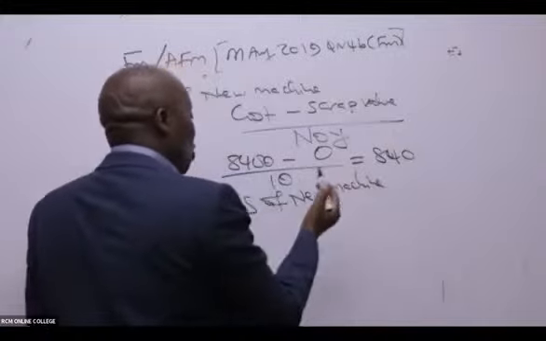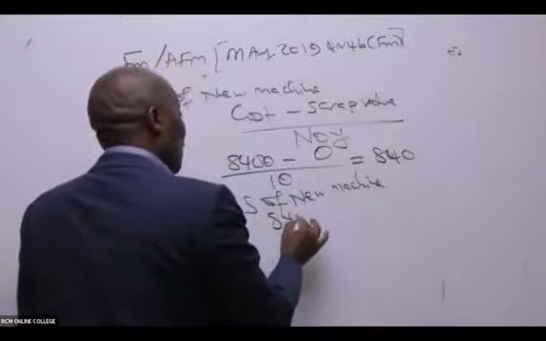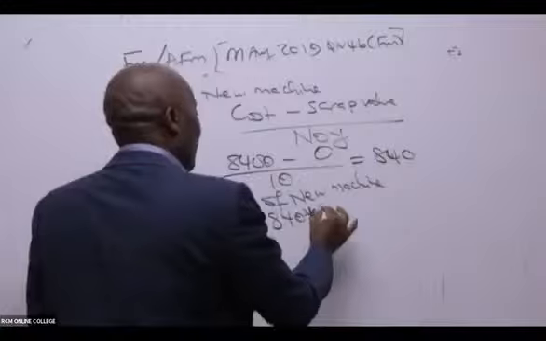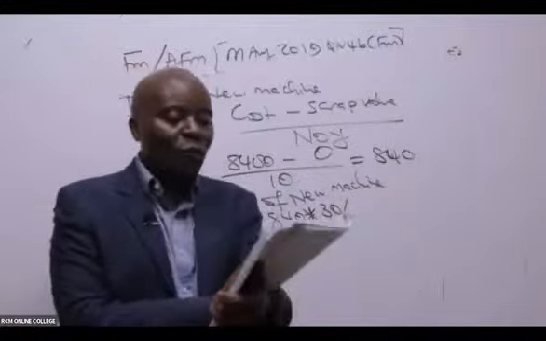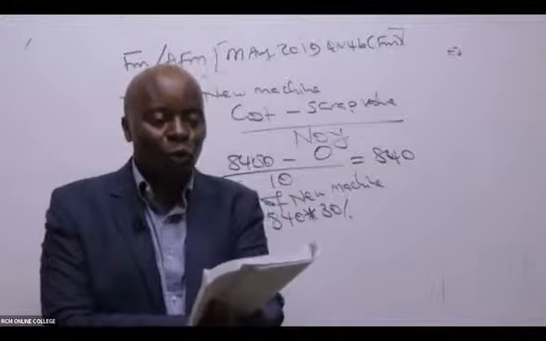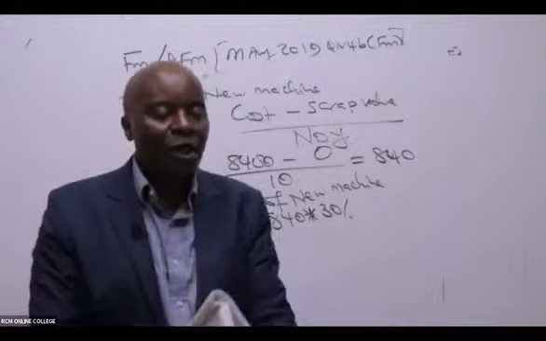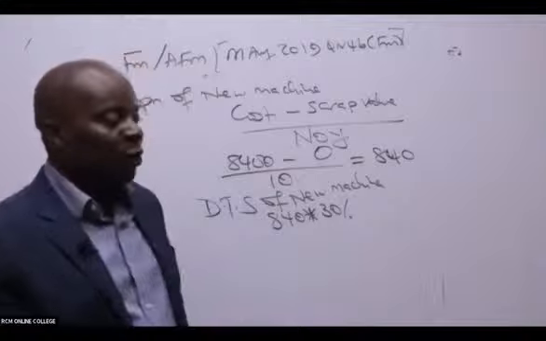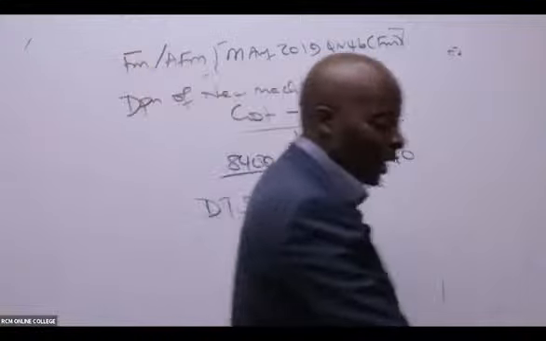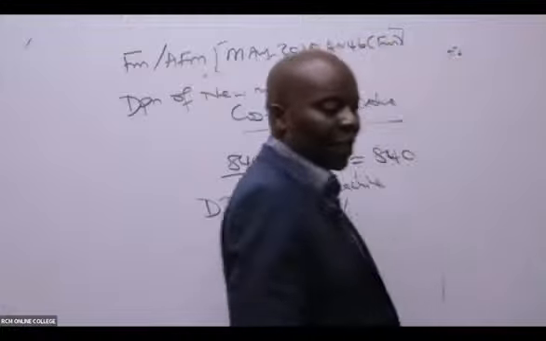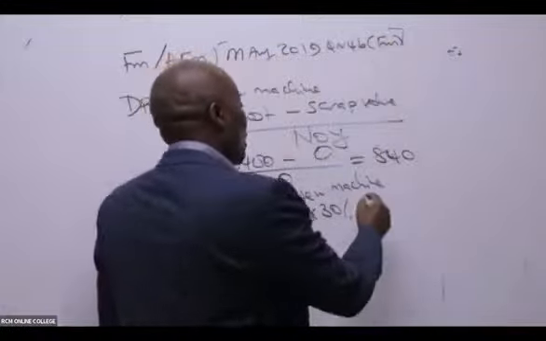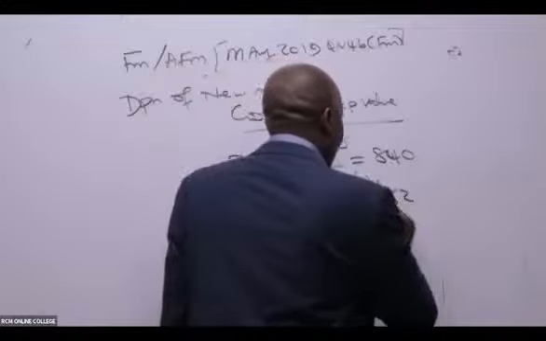These are free marks. The depreciation tax shield of the new machine will be 840 times the rate of tax, which has been given there in additional information, note number 2. They have told us the corporation tax is 30%. So 840 times 30%, this will end up giving me what figure? Depreciation tax shield, 252. These are free marks being given to you.